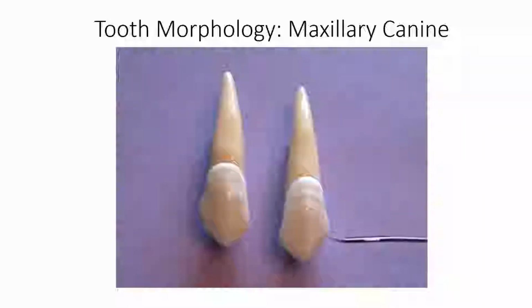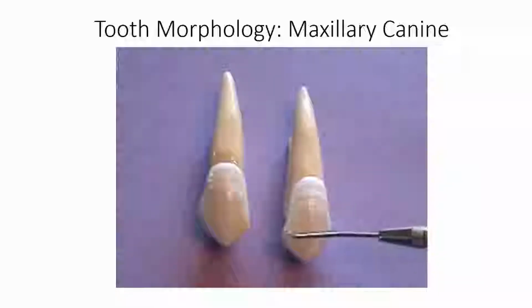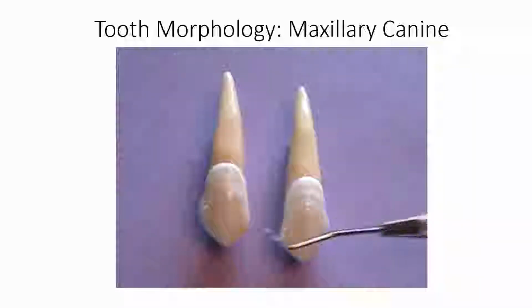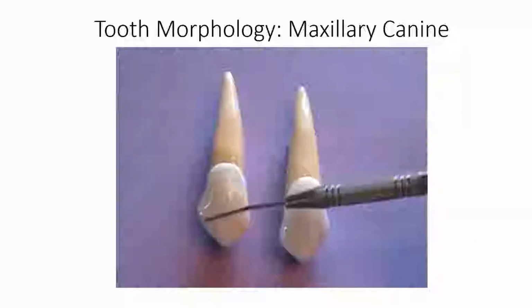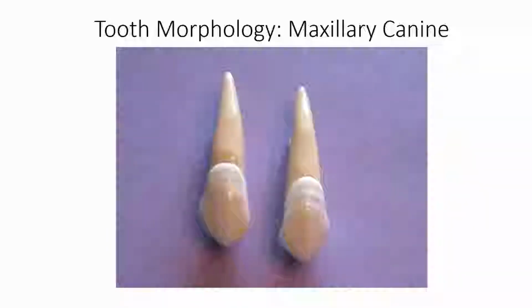The mesial contact is at the junction of the incisal and middle 1/3s. The distal outline can be quite convex in the contact area, and then there's a depression between the contact and the CEJ. There's a prominent labial ridge.